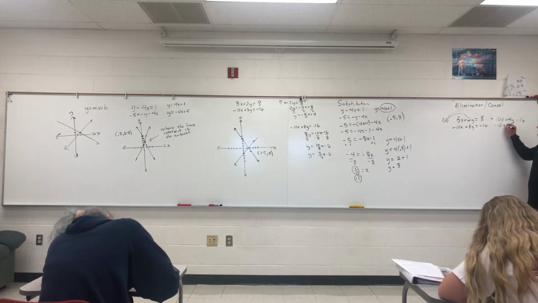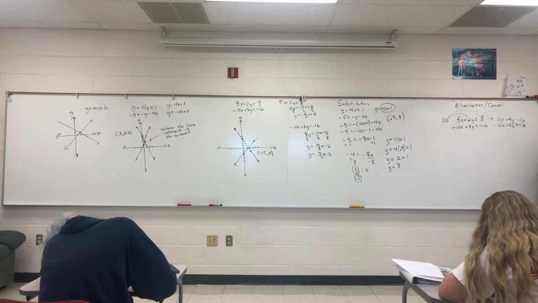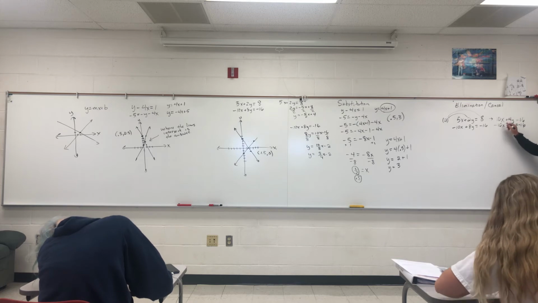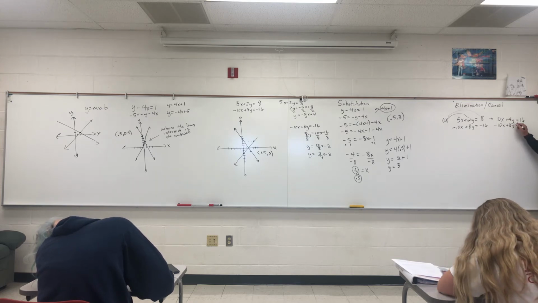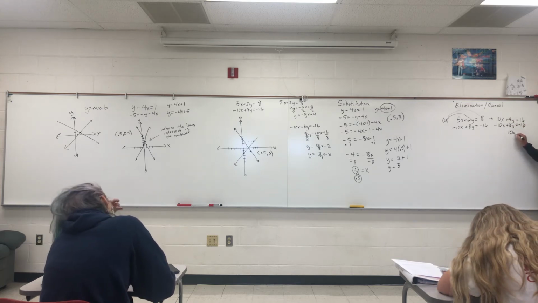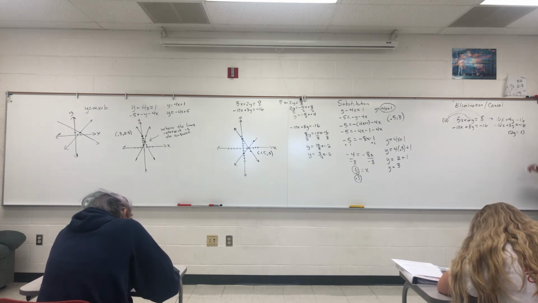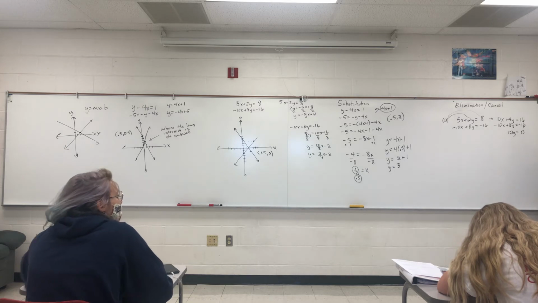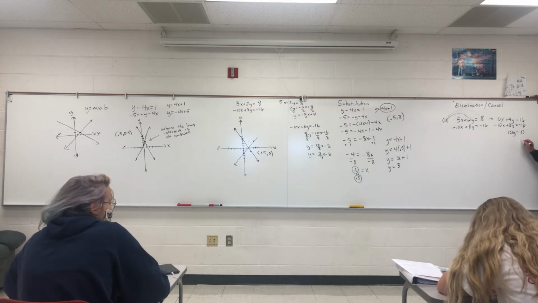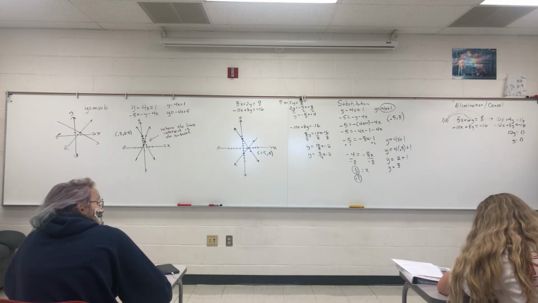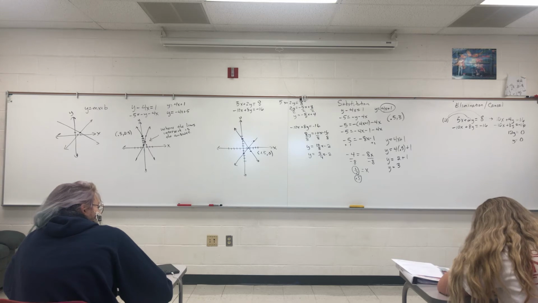So what happens now when you do that step, these cancel out, don't they? I add 4y and 8y, I get 12y. 16 and negative 16 is 0. I divide by 12. 0 divided by 12 is still 0. So in this case, my y would be 0.